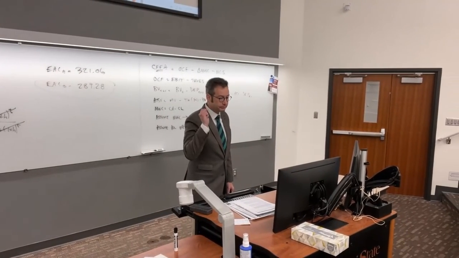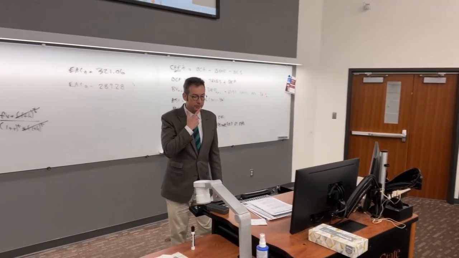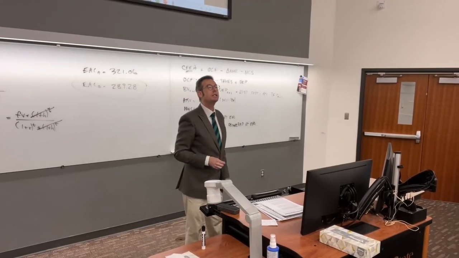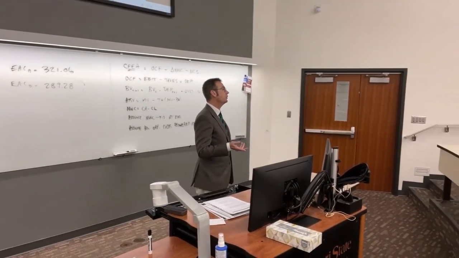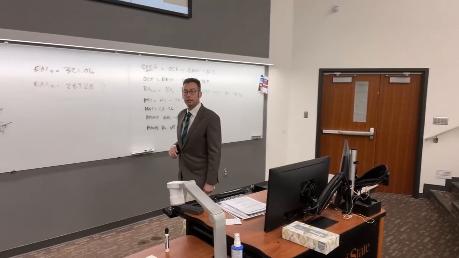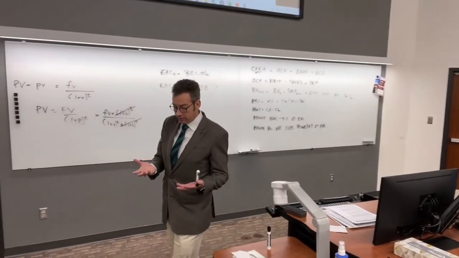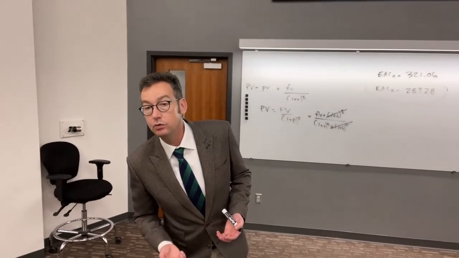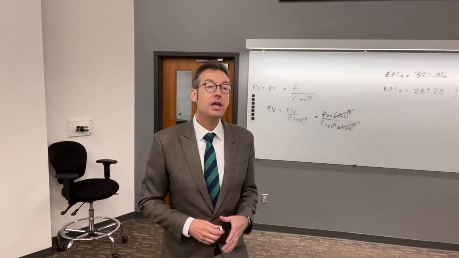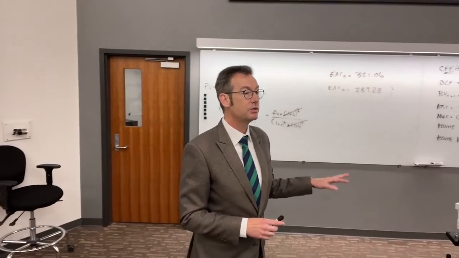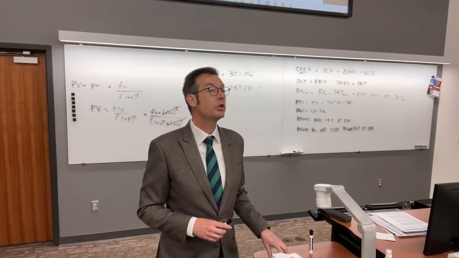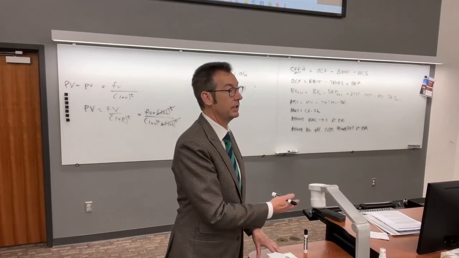Okay. Now, let's see what else we've got here. So how are we going to decide when to replace the old machine? We are going to have two sets of numbers here. We're going to have the equivalent annual cost of the new machine. And then we are going to have a series of cash flows that allow us to figure out what the cost to hold on to the old machine for another year is.